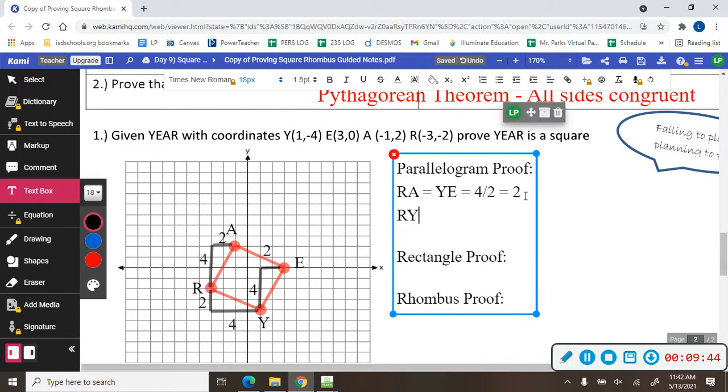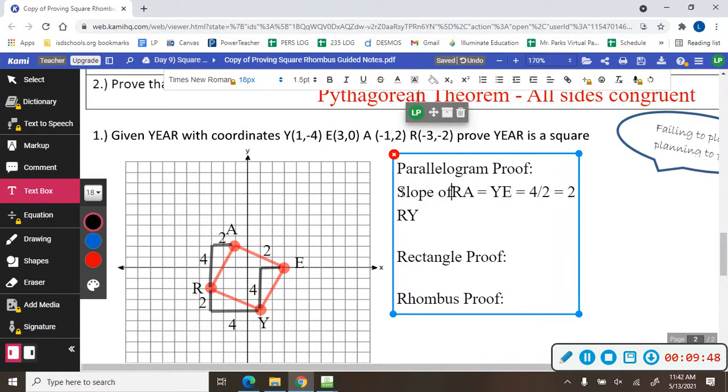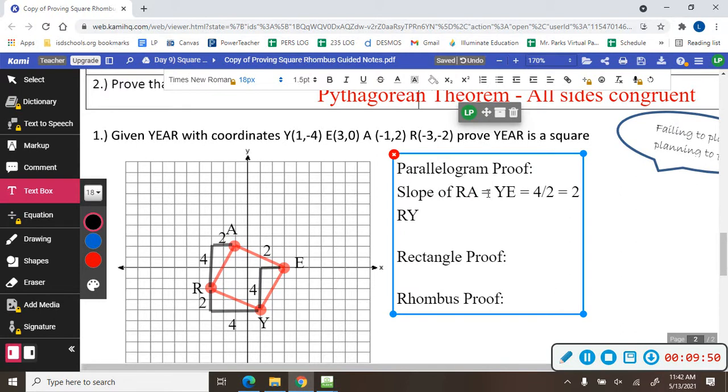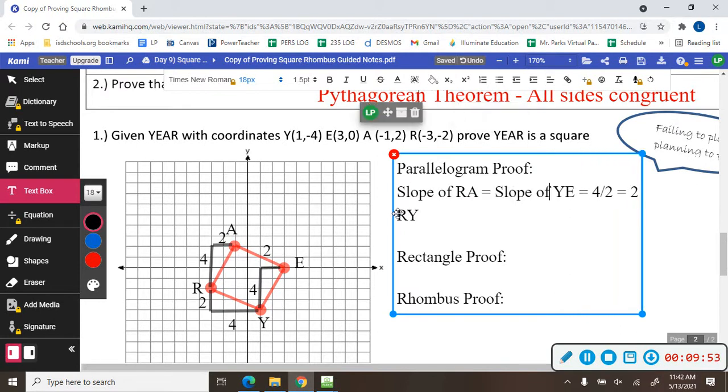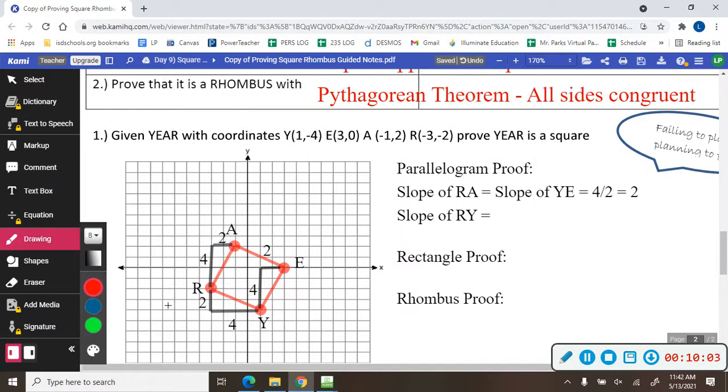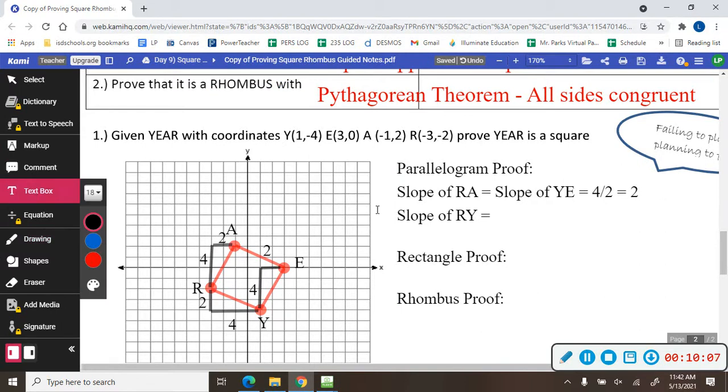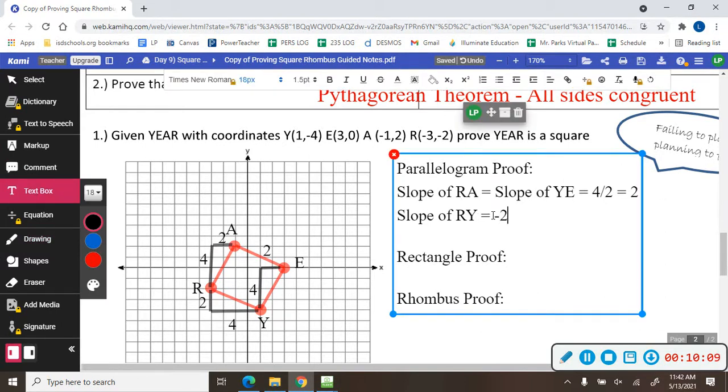So RY, and I really should say slope of RA equals slope of YE, just like slope of RY. We know RY, you go down 2 to the right 4, so since you went down, that's negative 2 over 4, which is negative 1/2 if you reduce it.